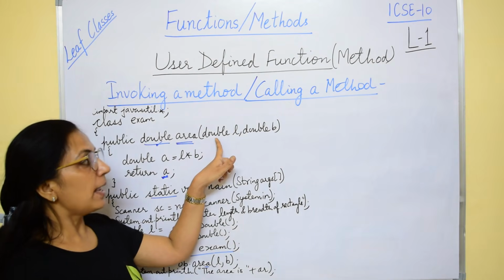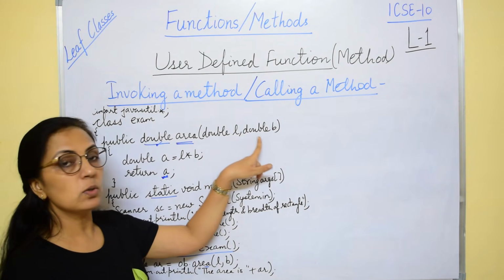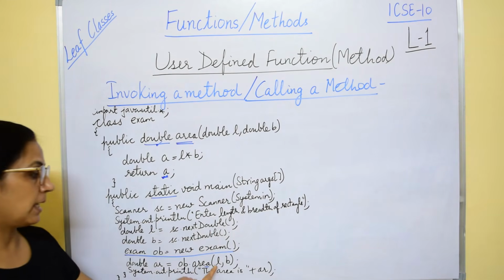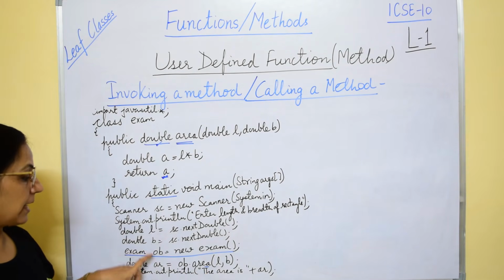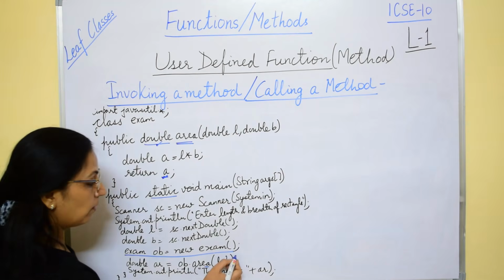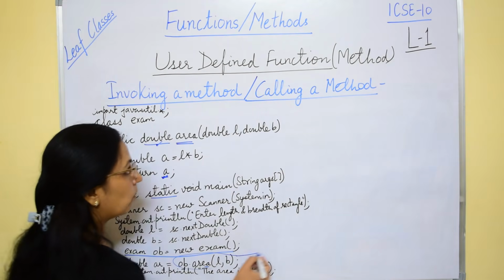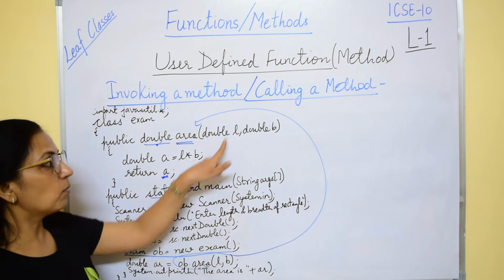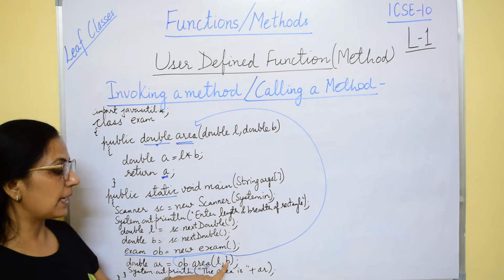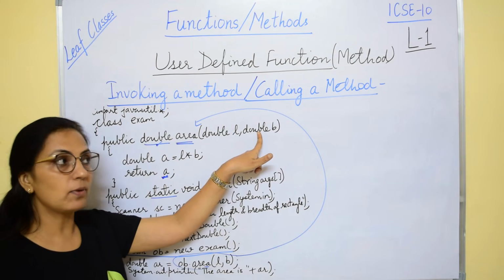Now it is expecting two values both of double type, and here I have given two values L and B of double type. So when you execute this statement, the program control will be shifted here. The first value will go to the first variable, the second value will go to the second variable.